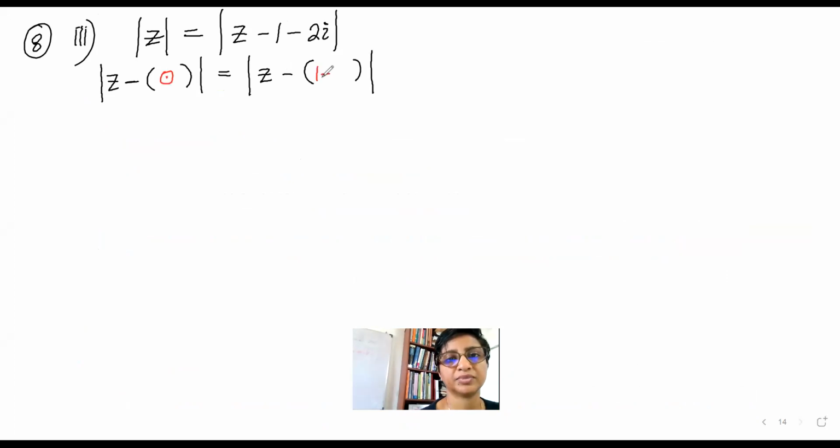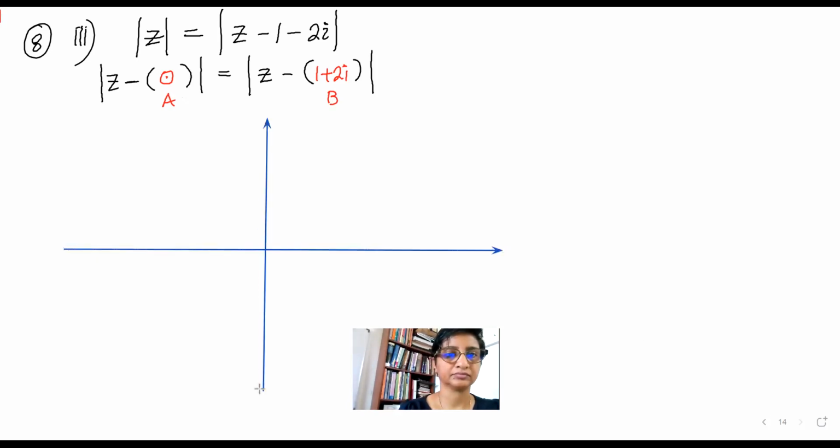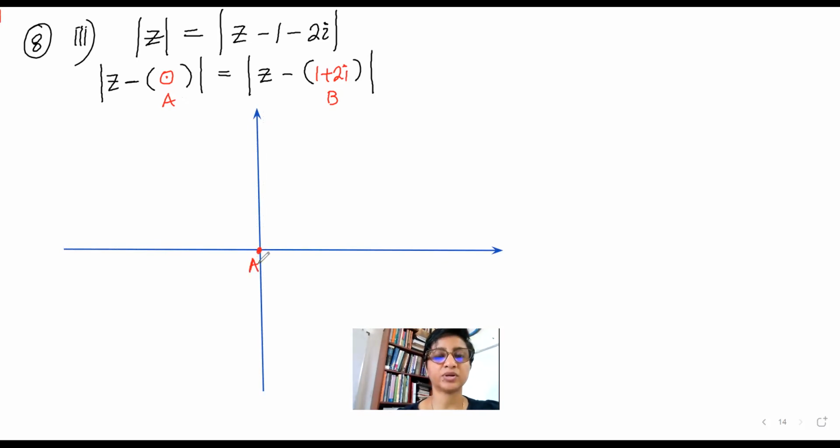This is just 1 plus 2i. Those are my A and B, the two fixed points. One is at 0. This is A. The other one is 1 plus 2i. This is 1 and this is 2. This is B.